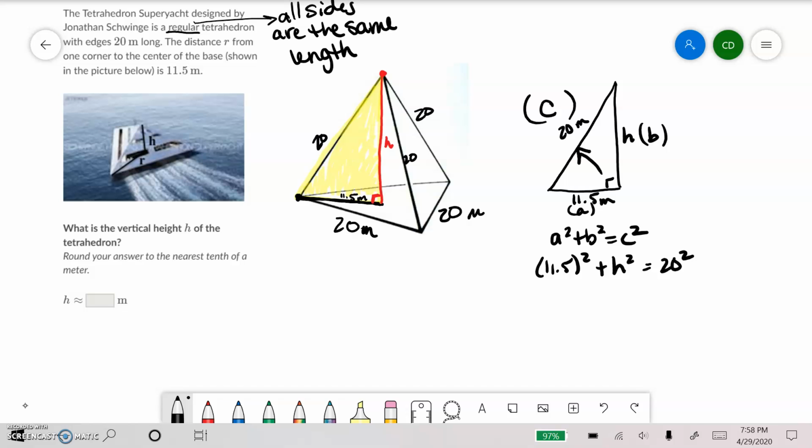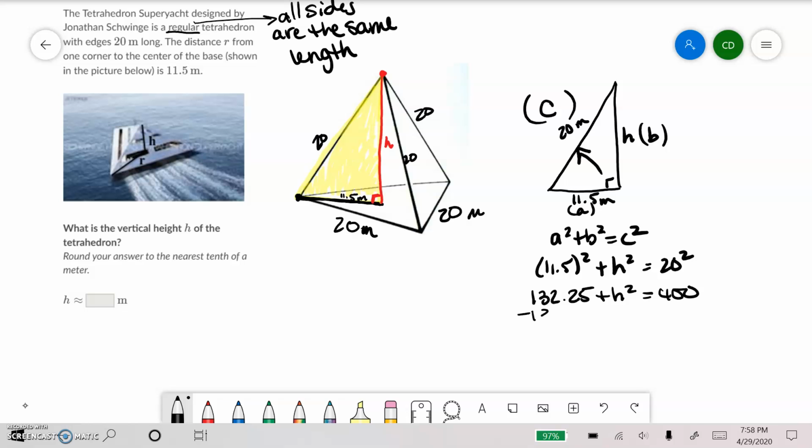I'm just getting my calculator. So 11.5 squared is 132.25. Oops, pushed a button. Man, I'm not batting 1,000 tonight. So 132.25 plus h squared equals 400.